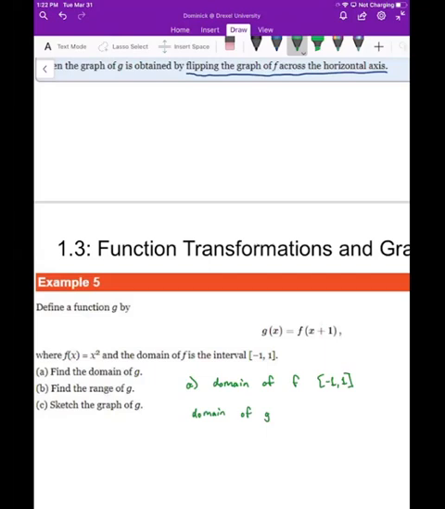All right, but now the domain of G is basically found by whatever x value you plugged into F, but add 1 to it, right? So let me put it this way. The x value going into G is an x value into F added to 1.